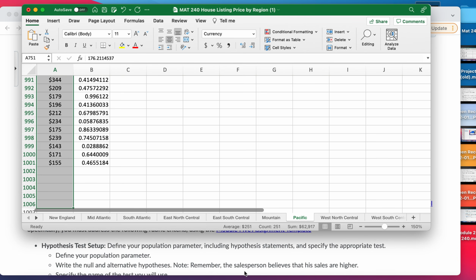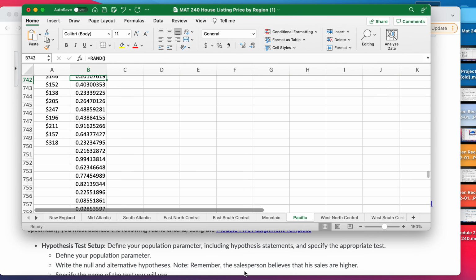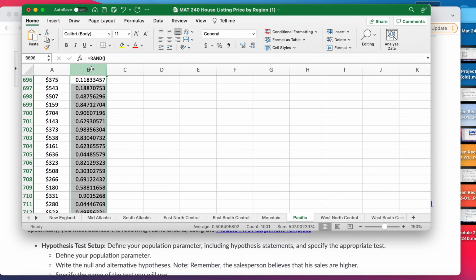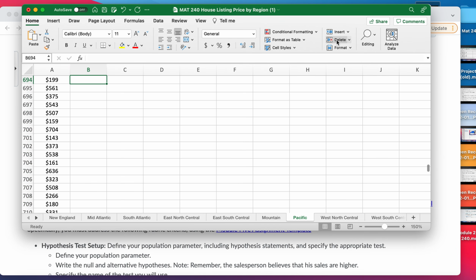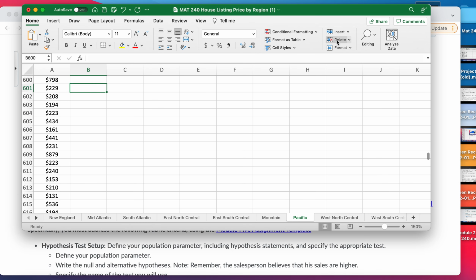Okay, so I'm just going to delete those. Okay, I'm going to go back up to my column B and delete that column. Okay, so now I no longer need this column. So let's go back to see the instructions and let's see what we're going to be doing with these numbers. Okay, so we've generated our sample of 750 and let's look at the instructions.